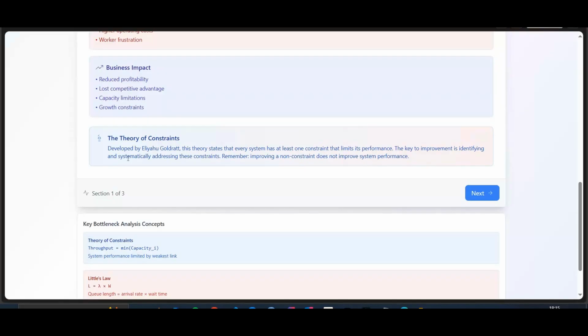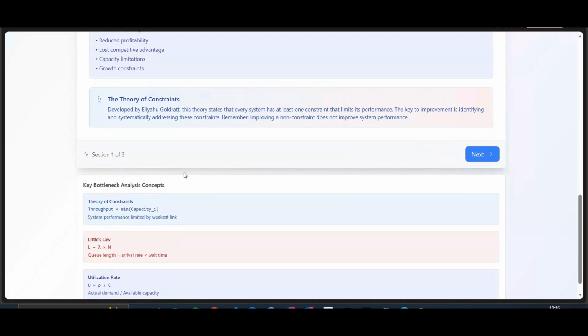So, what is a formal approach to dealing with this? One well-known framework is the theory of constraints, and it says every system has at least one constraint that sets the limit on performance. If you want to improve the whole system, you have to focus on that constraint.